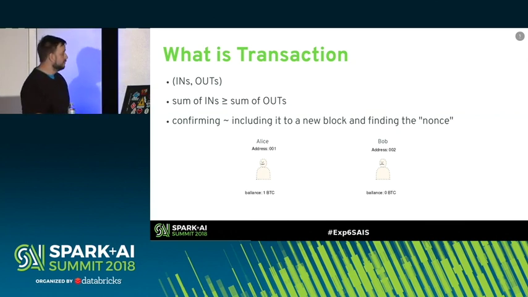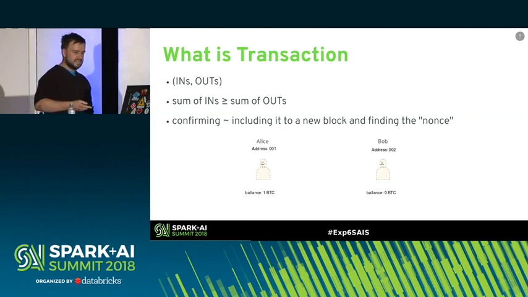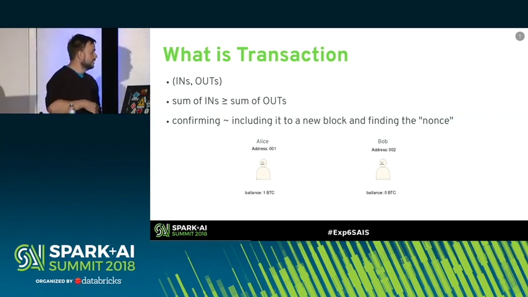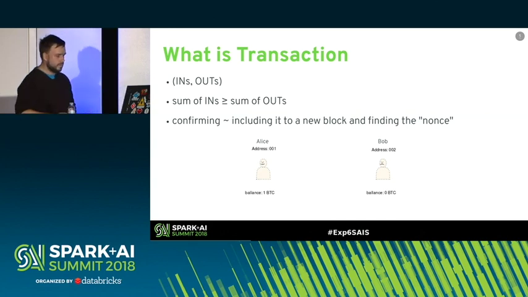And also you have to have the private keys to all the inputs. You have to own the wallets or addresses from which you want to send the money to someone. As I said, confirming the transaction is finding the right nonce, a random number that, when combined with all the transactions in a block, gives a hash that is small enough.